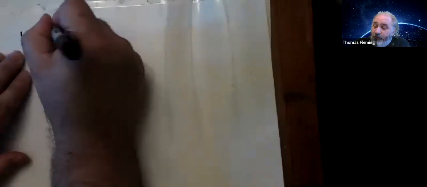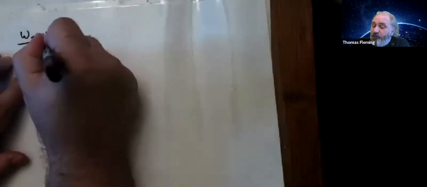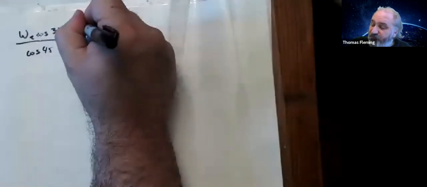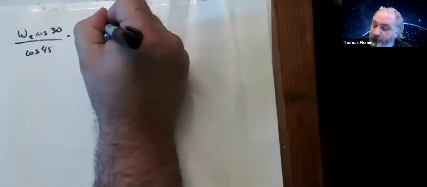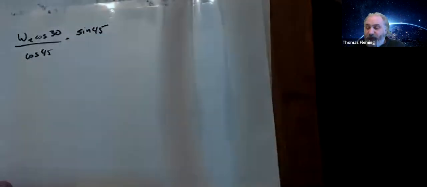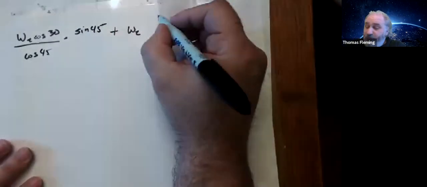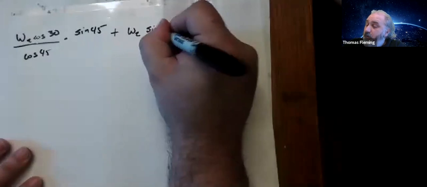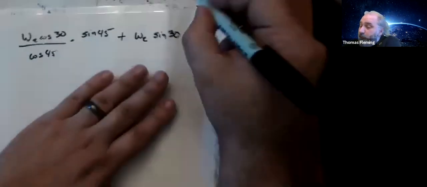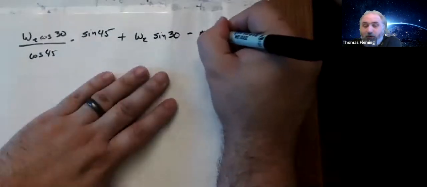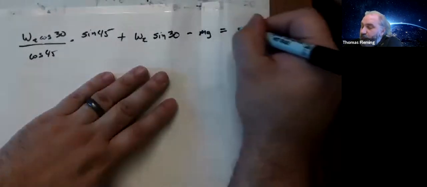So I've got W2 cosine of 30 over the cosine of 45. That's what used to be W1, times the sine of 45, because that was what was multiplying W1 to begin with, plus W2 again times the sine of 30, minus gravity equals 0.